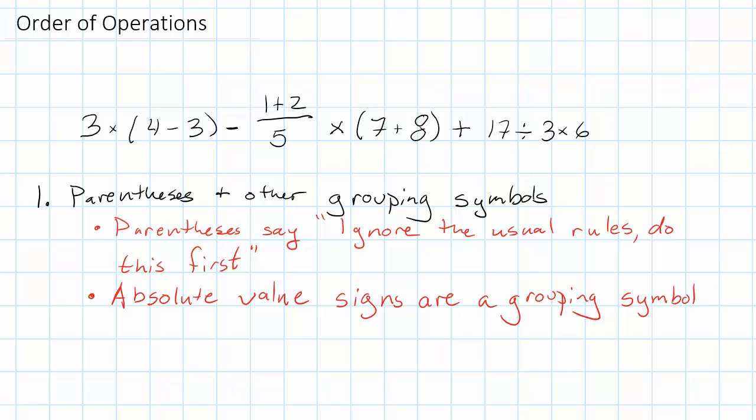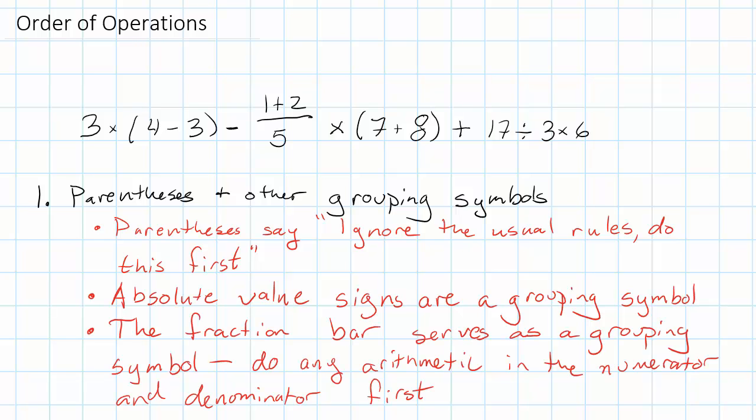There's one other grouping symbol that we see here. The fraction bar also serves as a grouping symbol. Any arithmetic we see in the numerator or denominator, we should do that first. So, in this expression, I see 3 bits of arithmetic that are marked as groups.